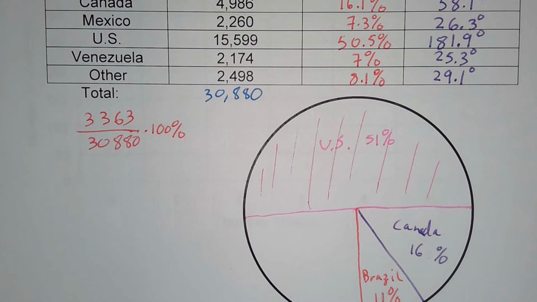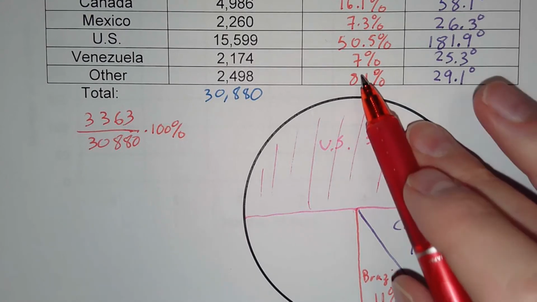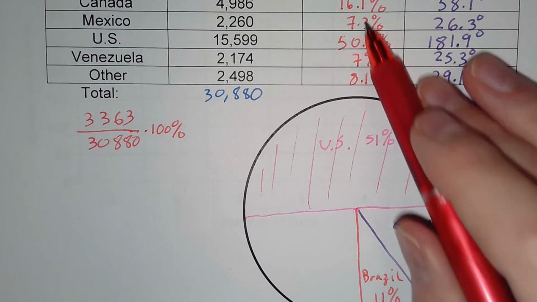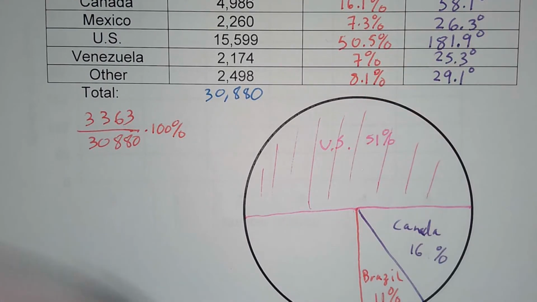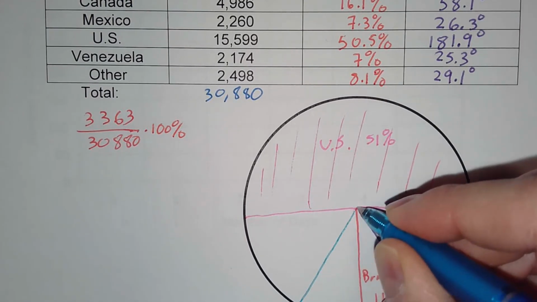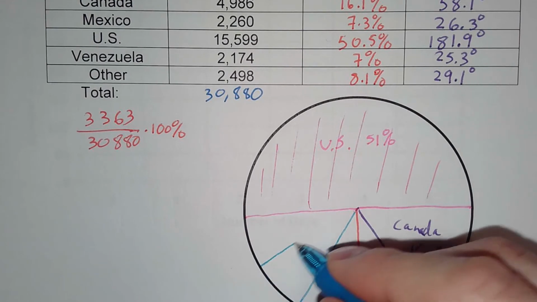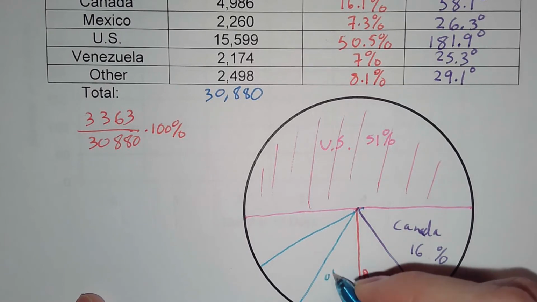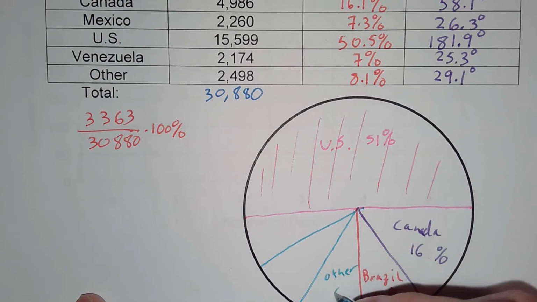Alright, so next we have the three remaining, and they're roughly split into thirds. Not quite, but roughly into thirds. So I'm just going to kind of guesstimate this. Maybe this is other here at 8%.